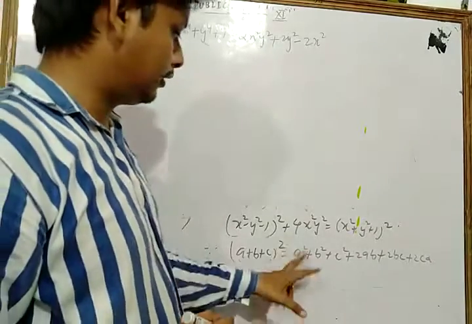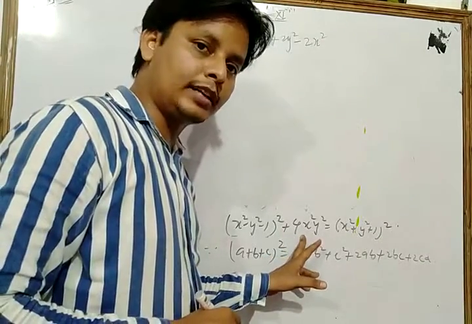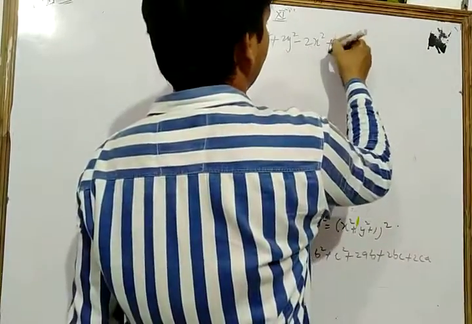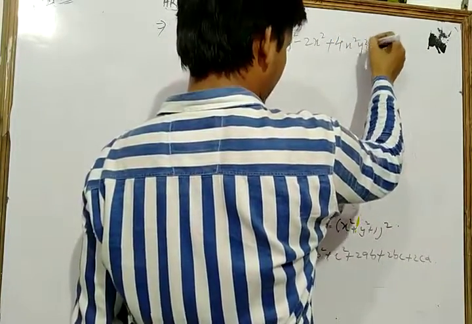Here plus 4x square y square we write as it is.